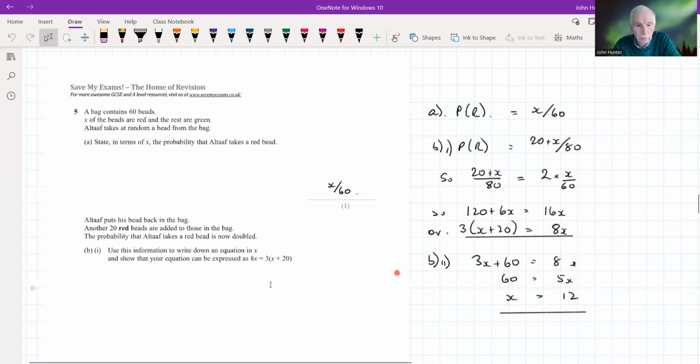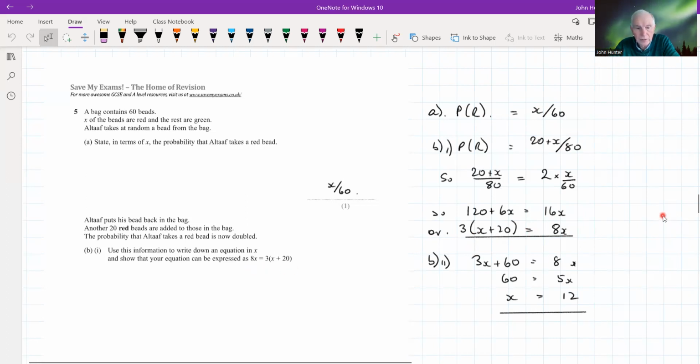And we are told, this is the key equation, that the probability that he takes a red bead is now doubled. So this new probability is going to be equal to 2 times the old probability. There we've got our equation in X. We can rearrange that and come up with this, as directed by the question.